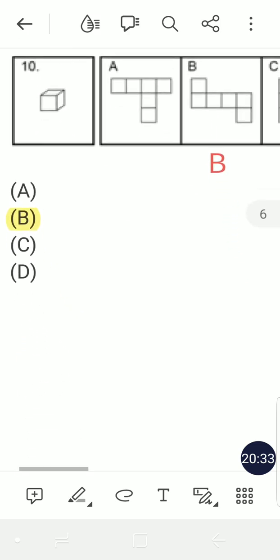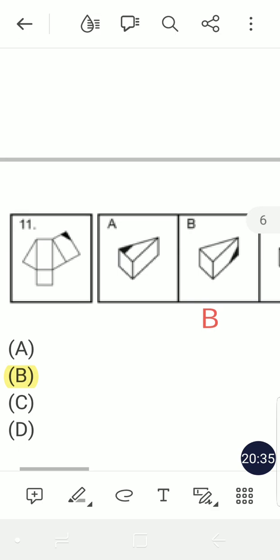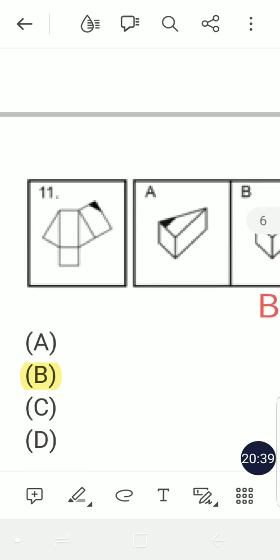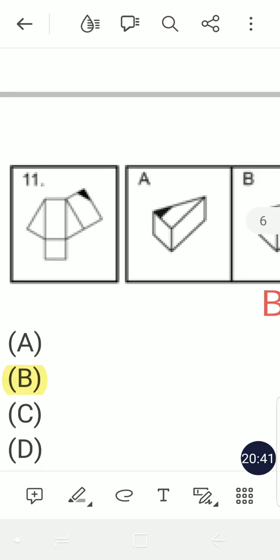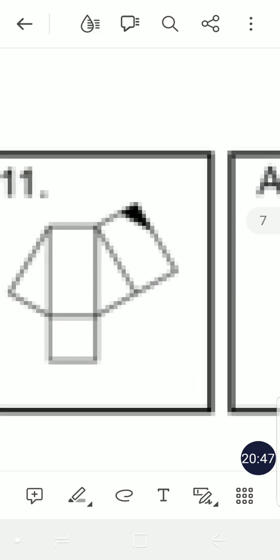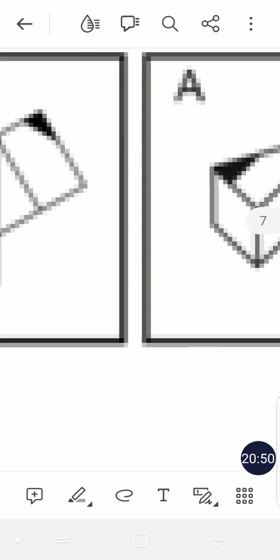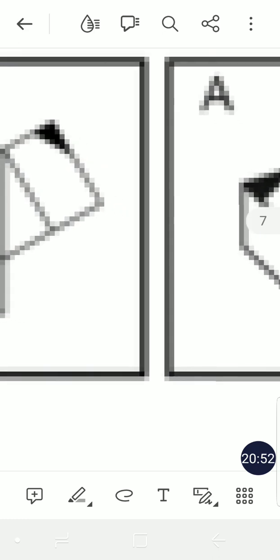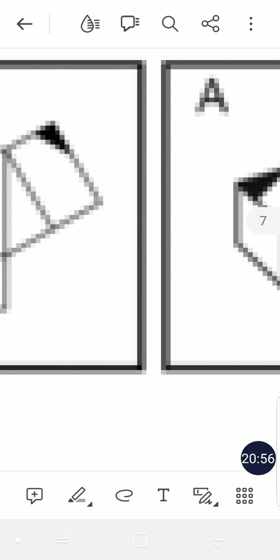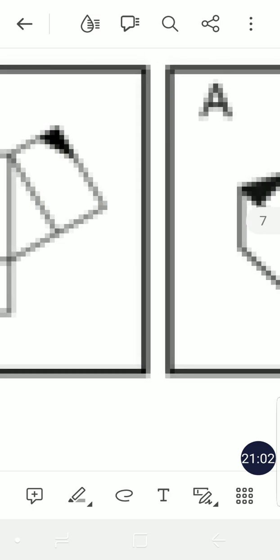Okay. Number 11. Okay, the key to this question is by looking at the triangle right there, and the rectangle that has a shaded triangle on the top right.